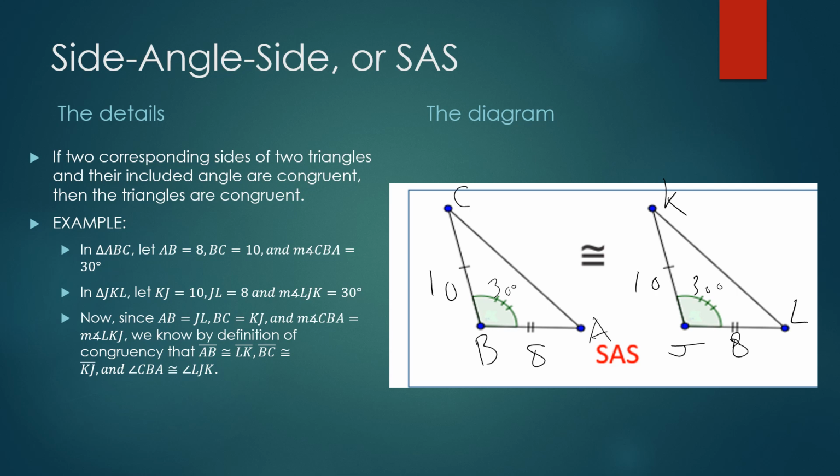So we do have angle CBA and LJK. Yeah, that's supposed to be backwards. That's supposed to be angle KJL. But I did line it up correctly here. Oh, I did not line it up here. Man, I apologize, folks.